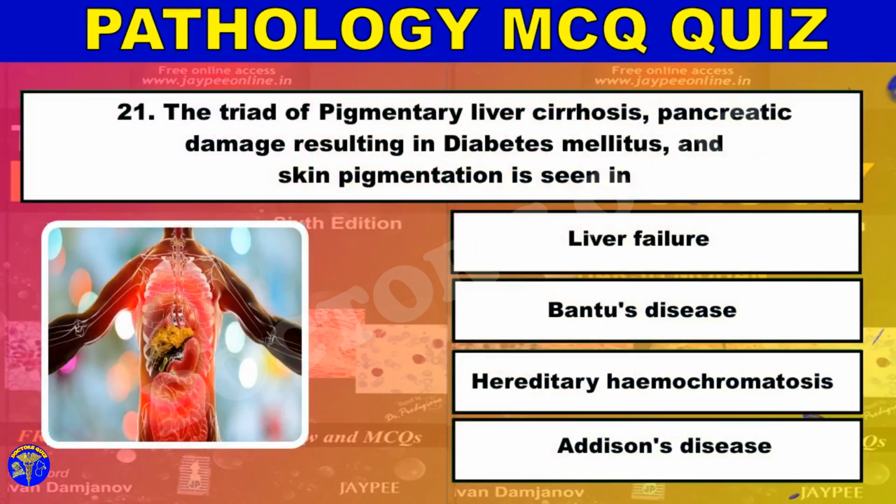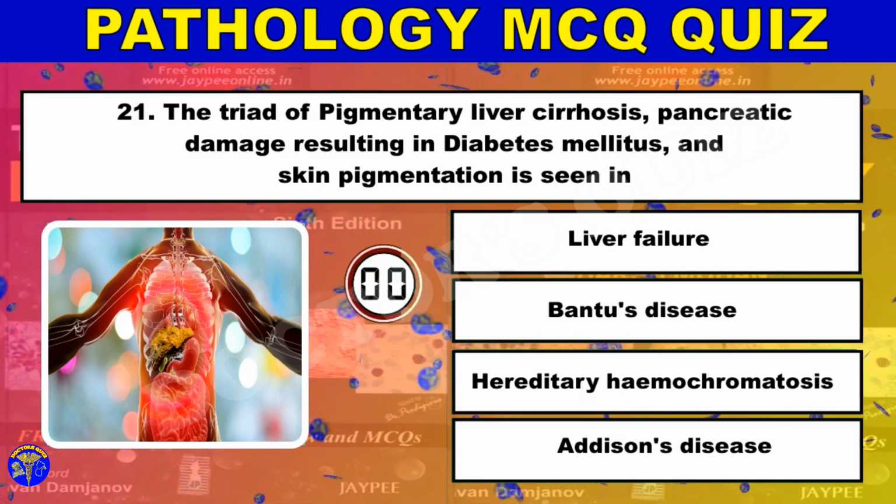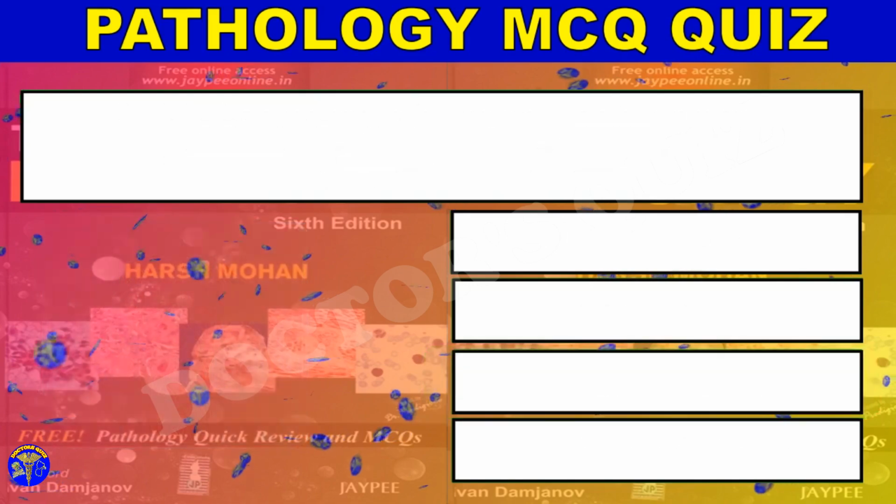The triad of pigmentary liver cirrhosis, pancreatic damage resulting in diabetes mellitus and skin pigmentation is seen in? The options are liver failure, Bantu's disease, hereditary hemochromatosis and Addison's disease. The right answer is hereditary hemochromatosis.